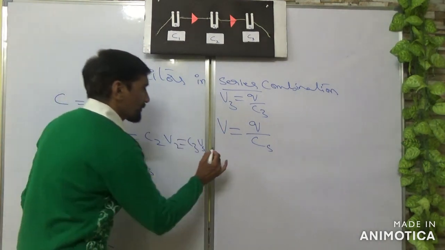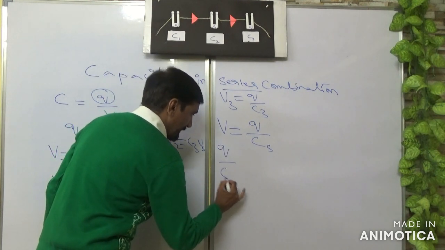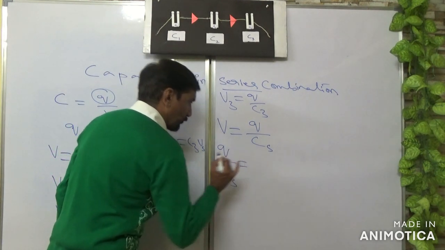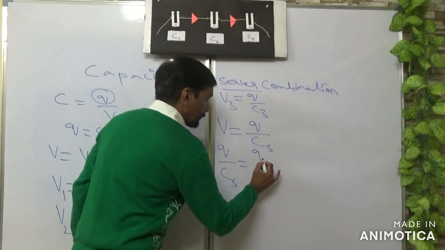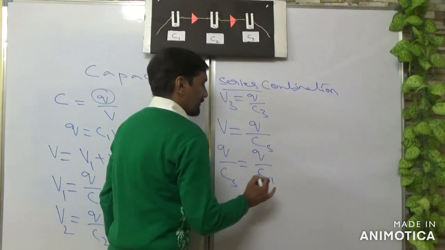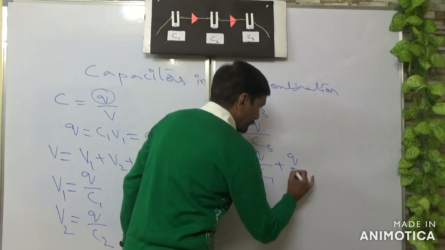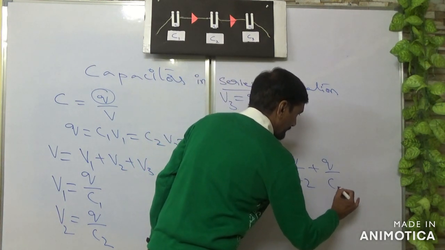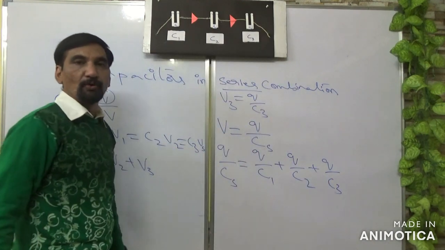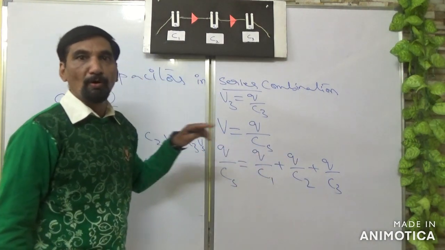So Q by CS is equal to V1 plus V2 plus V3, that is Q by C1 plus Q by C2 plus Q by C3. What do you notice? Q is common.